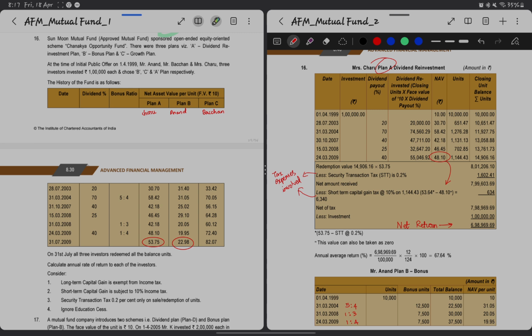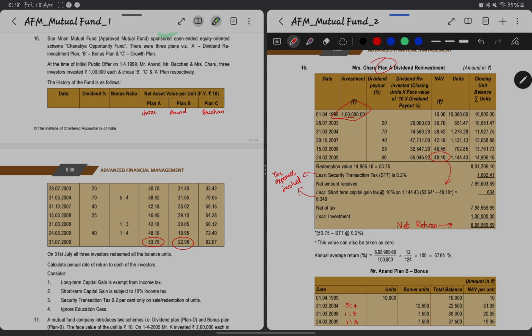So the number of units will get added every time Sun Moon mutual fund issues a dividend. As we can see, Sun Moon has given dividend during these dates, so only those dates we will take.